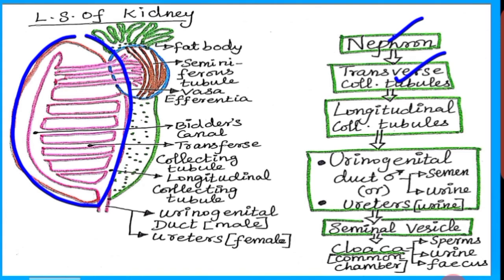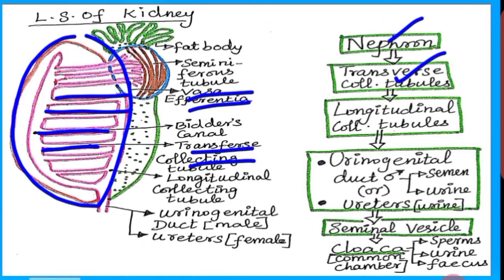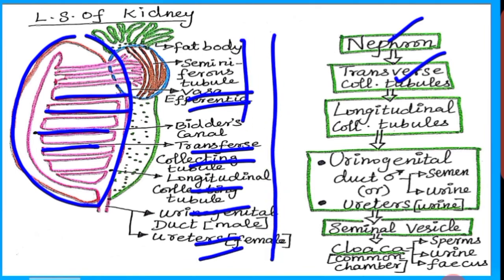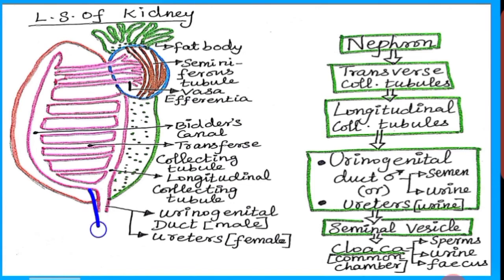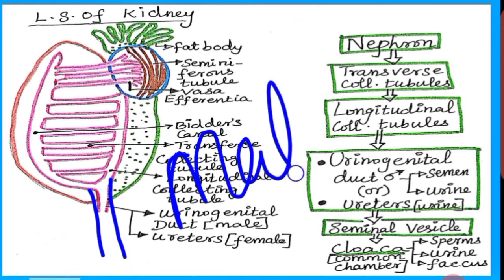It has a lot of transverse collecting tubules like this. These transverse collecting tubules open into a longitudinal collecting tubule, right? This longitudinal collecting tubule forms a urinogenital duct in the case of male frog.